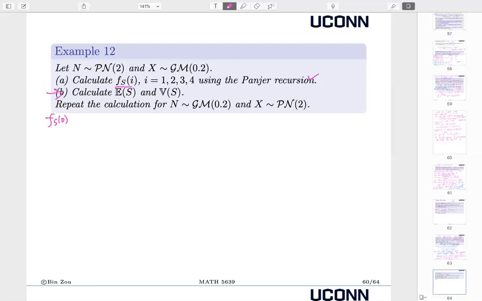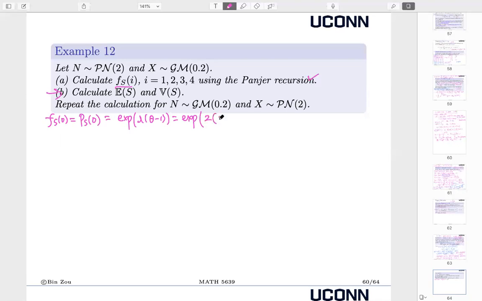You can easily apply the probability generating function at 0. And we know this is e to the lambda times theta minus 1. I write it down because we just proved this result. So here is a particular application, I just need to plug in the values.